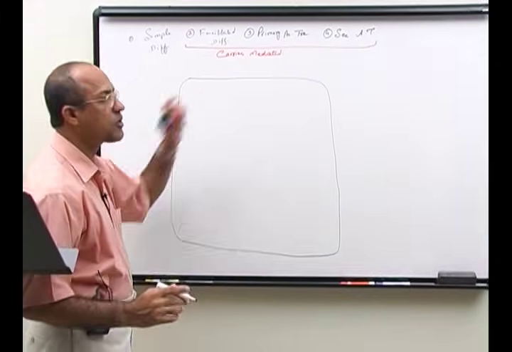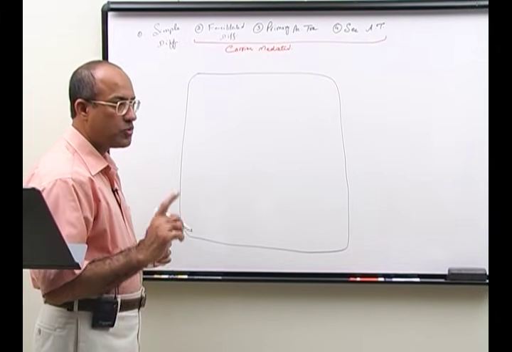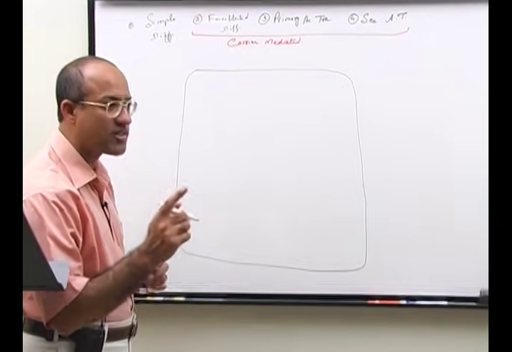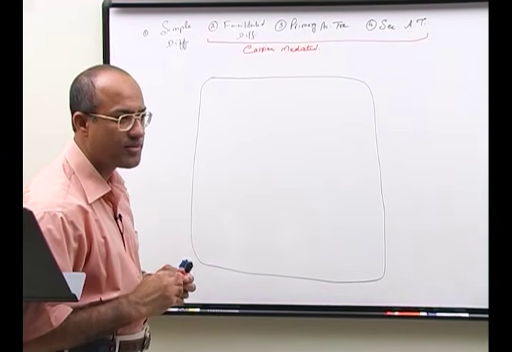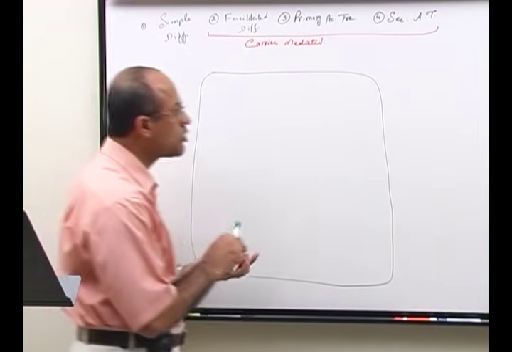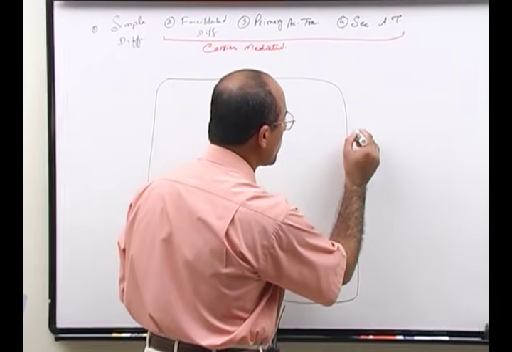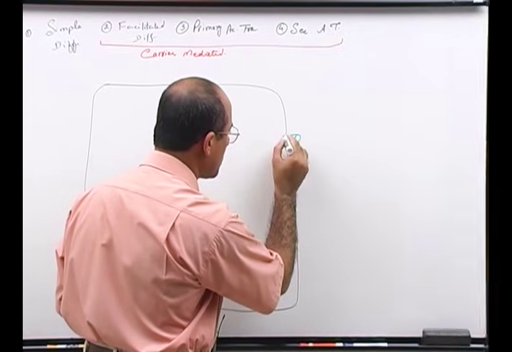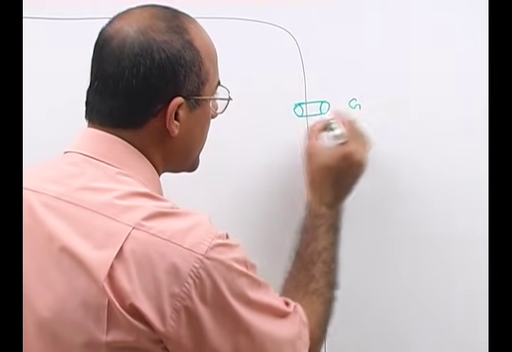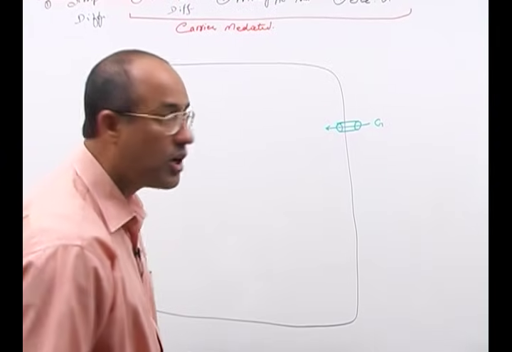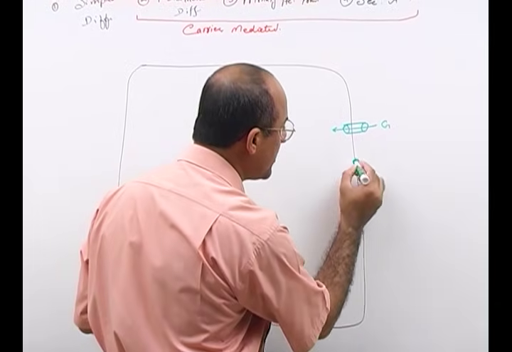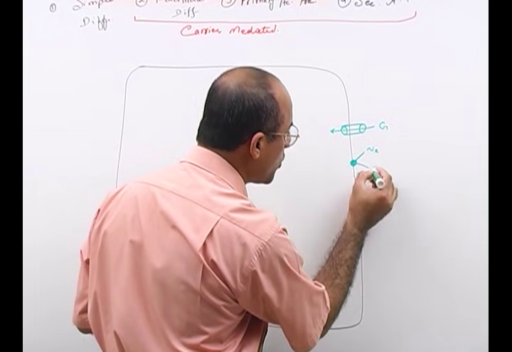Now such transport mechanisms which use proteins as carriers have some special specificities. For example, I told you there were the glucose transporters. You remember? This is an example of facilitated glucose transport. Or there were sodium and glucose transportation.